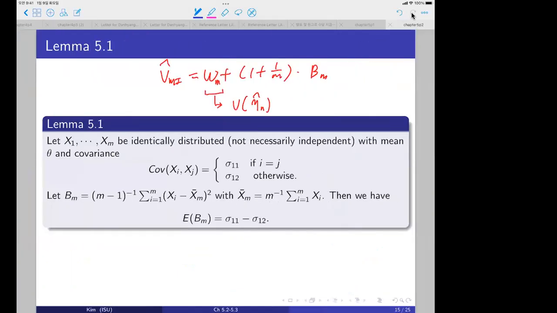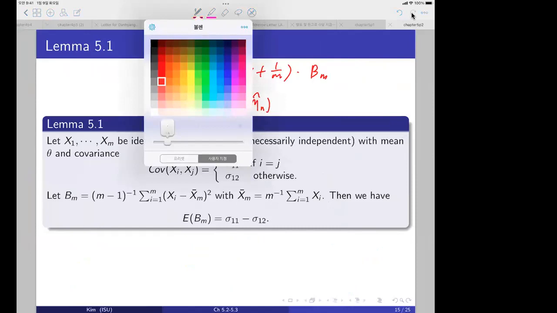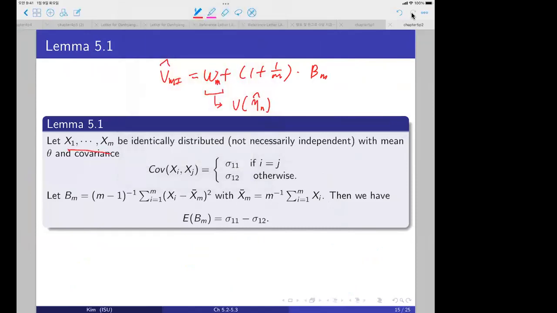So remember, okay. Now here, this lemma is: you have identically distributed but correlated, so not necessarily independent. So that means identical: same mean and same variance, but they can be correlated.